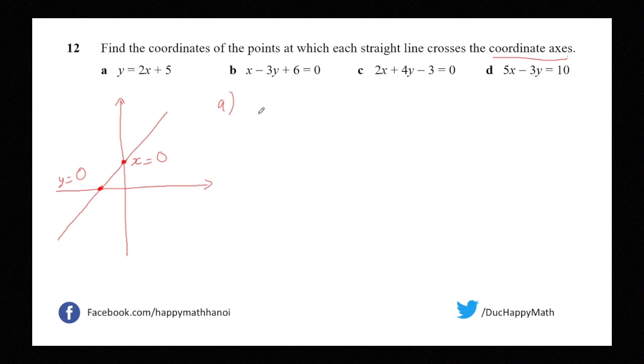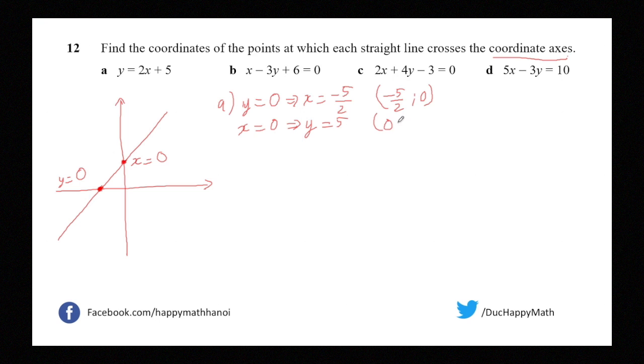For the x-intercept point, you put y equal to 0. So in question A, when y equals 0, x has to be equal to minus 5 divided by 2. So this point, minus 5 divided by 2 and 0, is the x-intercept. For the y-intercept, x has to be equal to 0, so y equals 5.